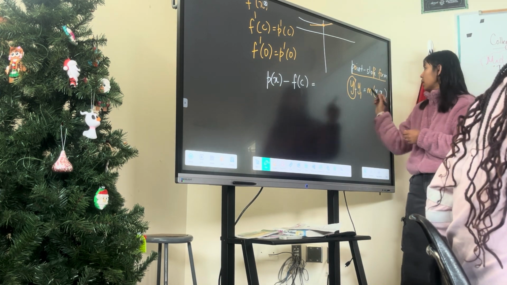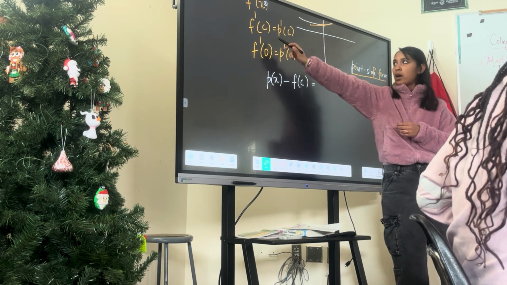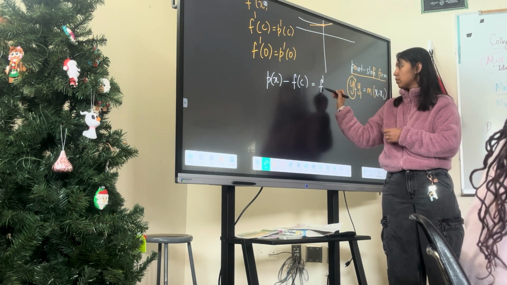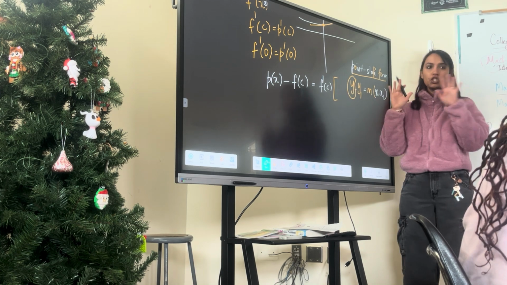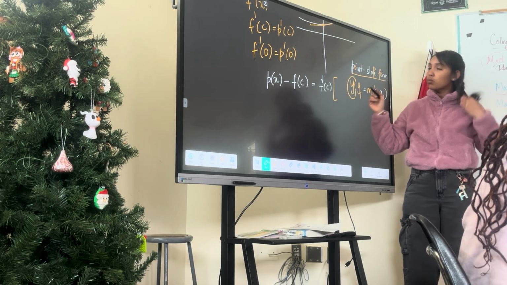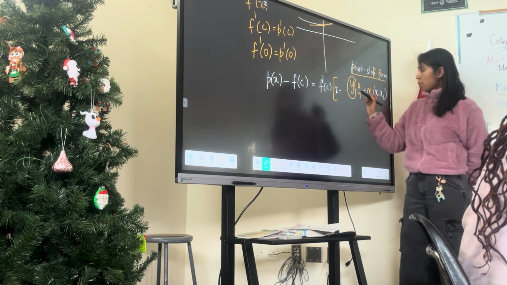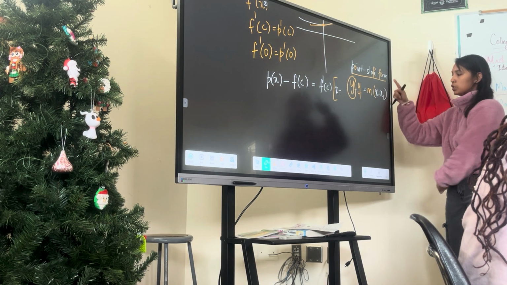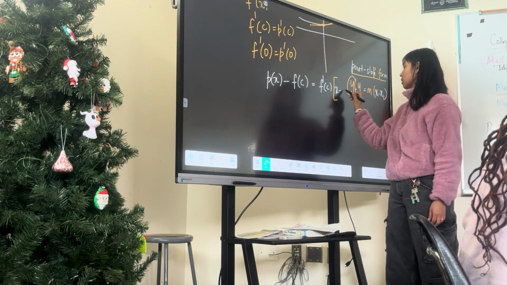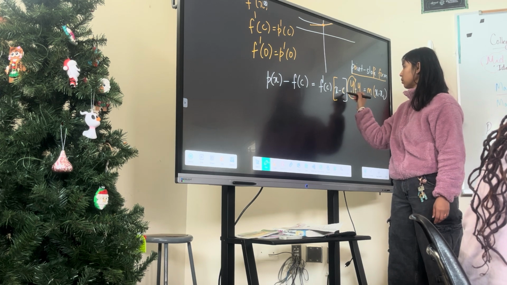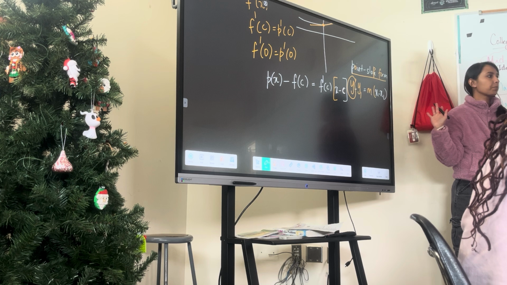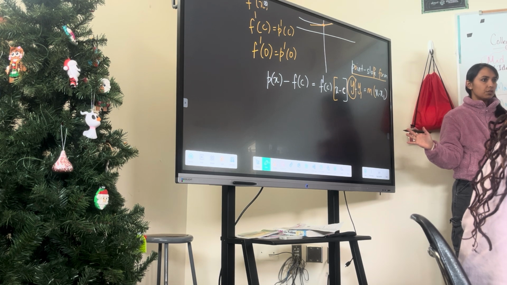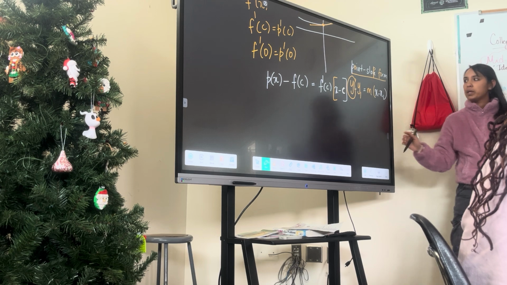Equals, slope would be f prime of c times x, our general x, which would be the polynomial x, minus x1, which is 0. In this case, c or 0. Okay, this is our general point slope form. This is what we are using to figure out what p of x is going to be.